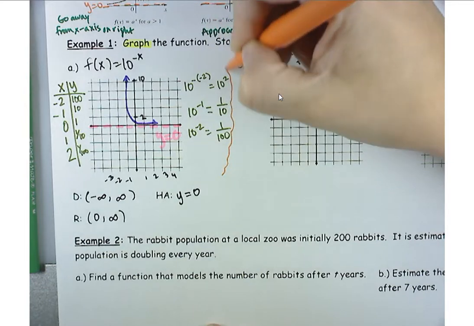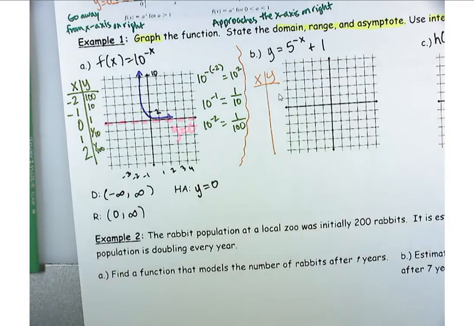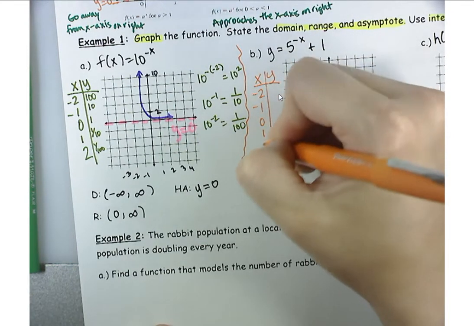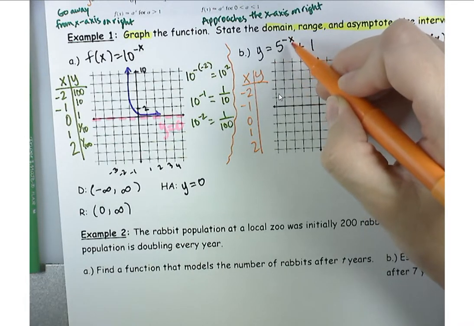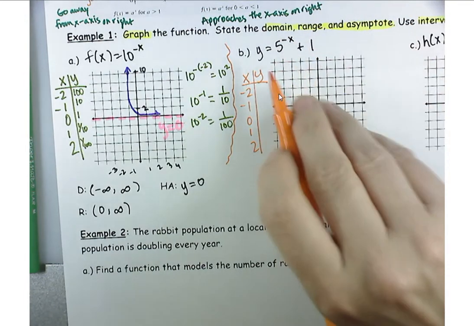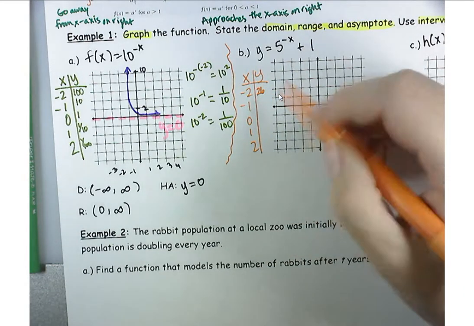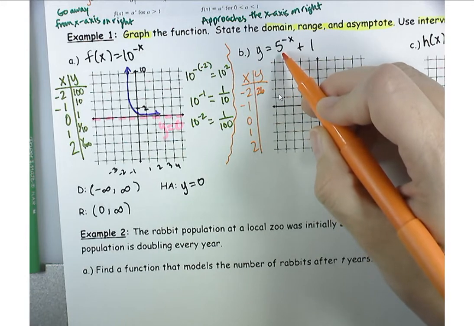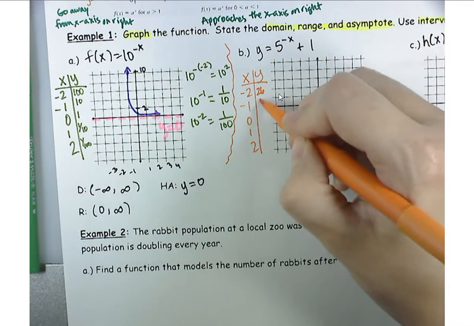Alright, and then let's try B. So we'll do the same thing where we're going to think of our table. Okay, so if I do 5 to the negative negative 2, it's just like 5 to the second, which is what? 25, and then I'm adding 1. So we get 26. Okay, 5 to the negative negative 1 is just going to be what? 5. 5 plus 1 is 6.